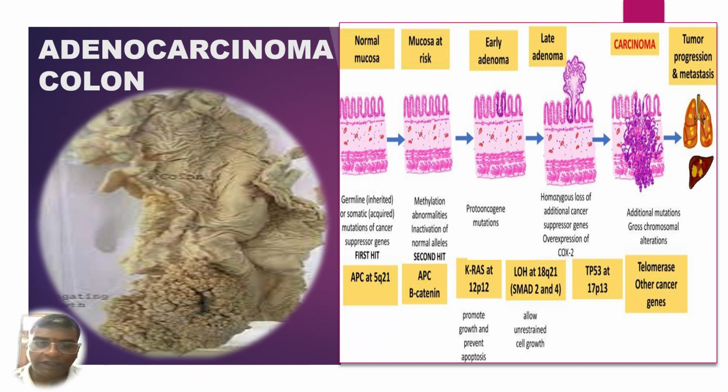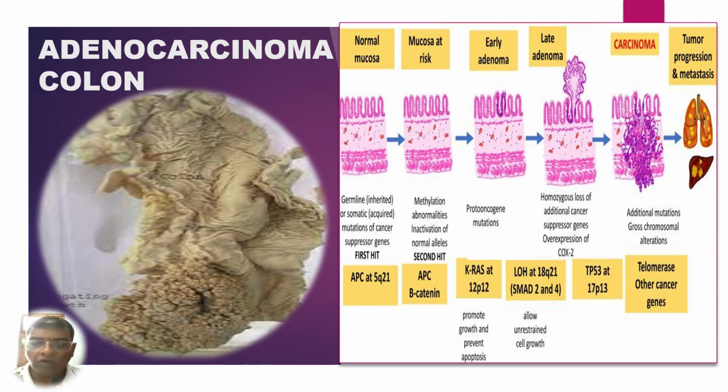Clinical features will be involvement of either ascending or descending colon, but the most common site is rectum. Proximal colon cancers cause increased ulcerative lesions, thereby causing chronic blood loss and thereby unexplained anemia.